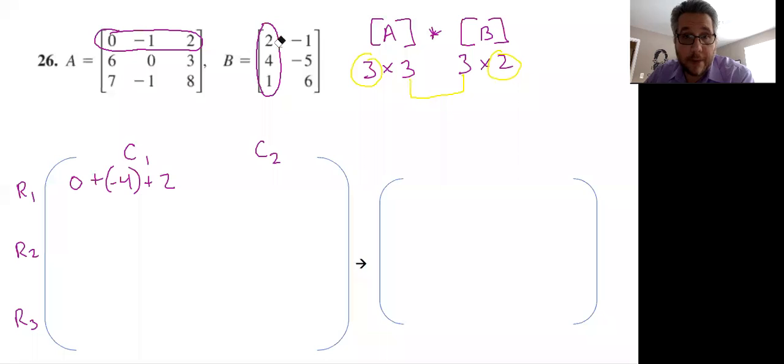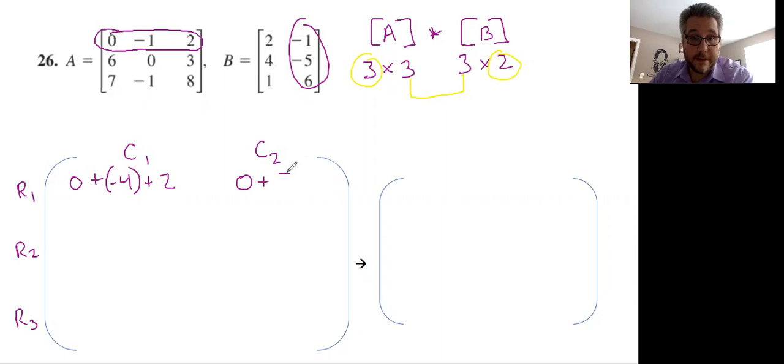Okay, now I'm going to work on multiplying row 1 times column 2. The product of row 1 times column 2 is this area here. So now I have 0 times -1 is 0, plus middle and middle, -1 times -5 is +5, and 2 times 6 is 12.